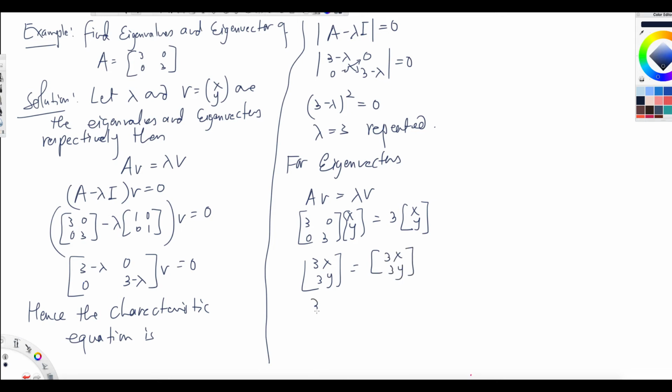So what do you get? 3x equals 3x. If you subtract 3x, you will get 0 equals 0. Similarly, on the second one, you get 3y equals 3y again. If you subtract 3y from both sides, you will get 0 equals 0.